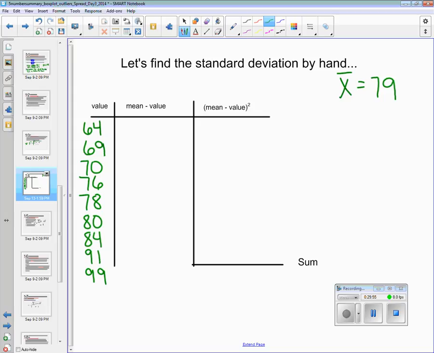Double check. Okay. So here's what we're going to do. You ready? We're going to take 64 minus 79, and I get negative 15. I'm going to take 69 minus 79, and I get negative 10.